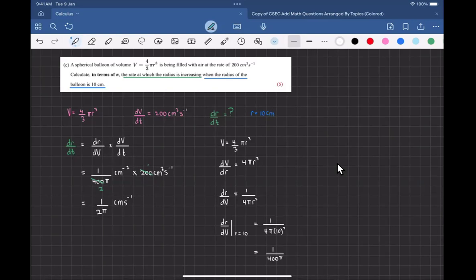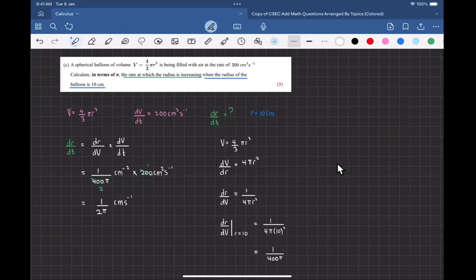Okay, so in the question, they gave you information to work with. What was the information? They gave you the volume, they gave you the radius of the balloon.